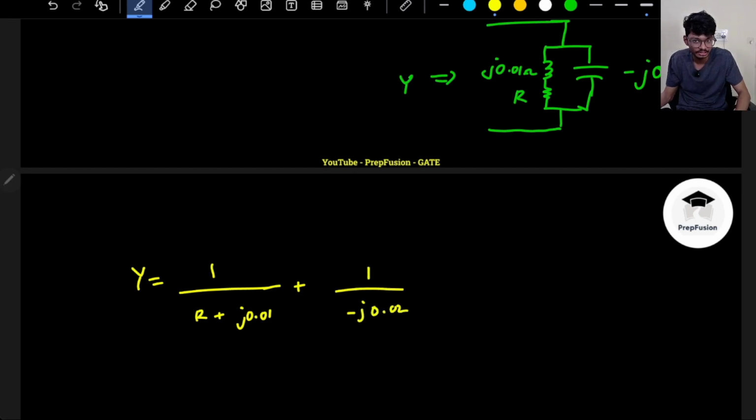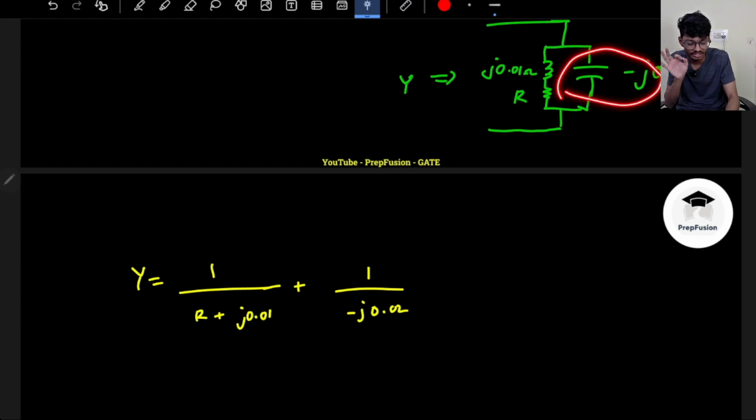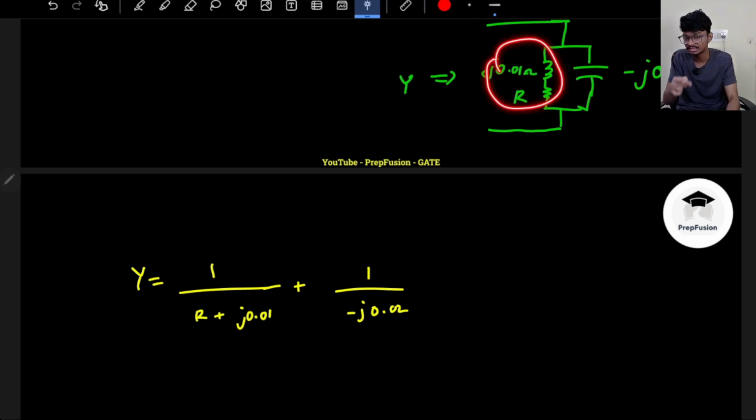I hope you understand that admittance simply gets added when things are in parallel. What is the equivalent impedance of this circuit? R plus j 0.01 in parallel with minus j 0.02. If things are in parallel, their admittances simply get added. What is the admittance? It is the inverse of the impedance. Got it?